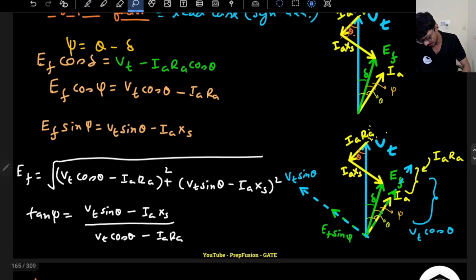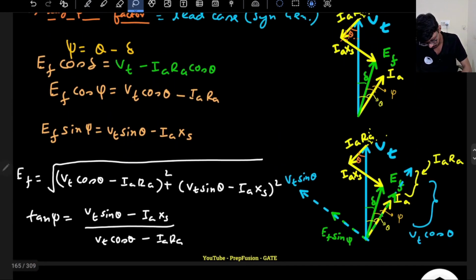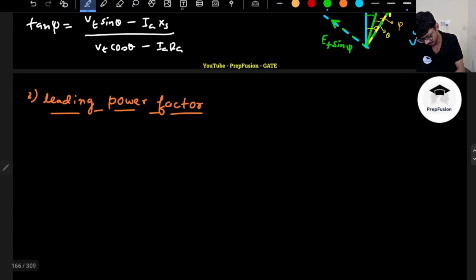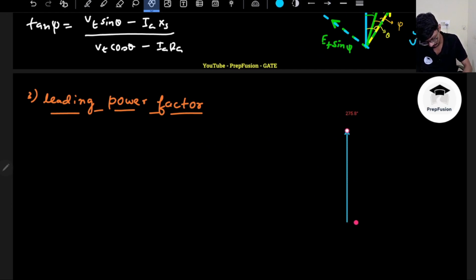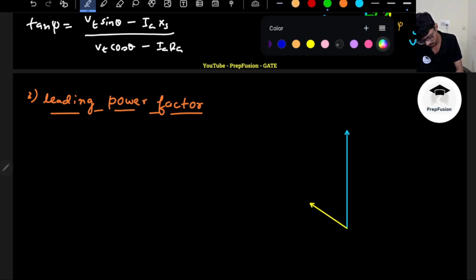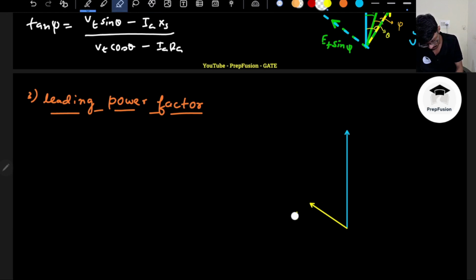So we will see again the same formula, right? Vt will be somewhere here, and current is leading. If current is leading, then current will lead somewhere here. So this will be my I_a and this will be my Vt and this will be my theta.